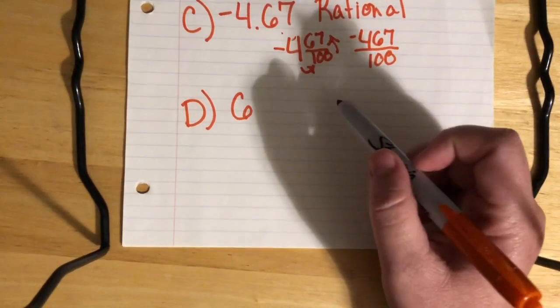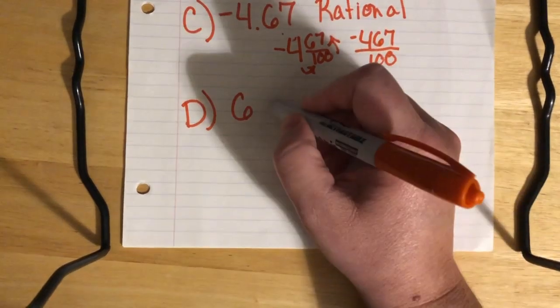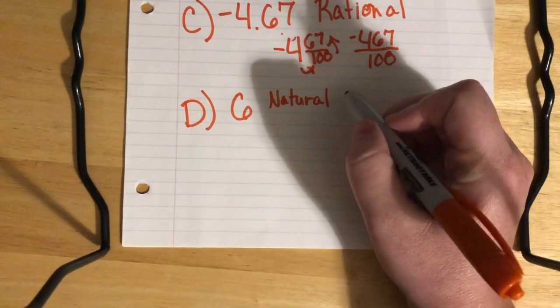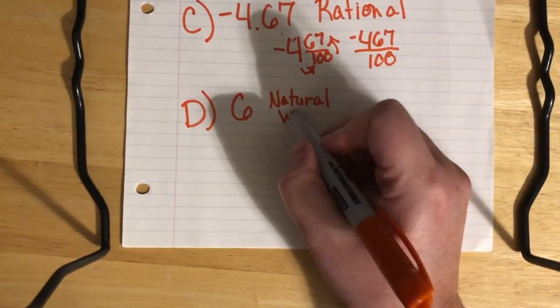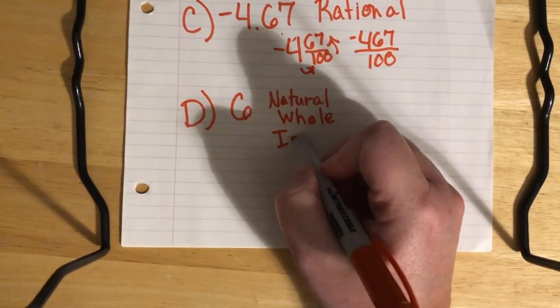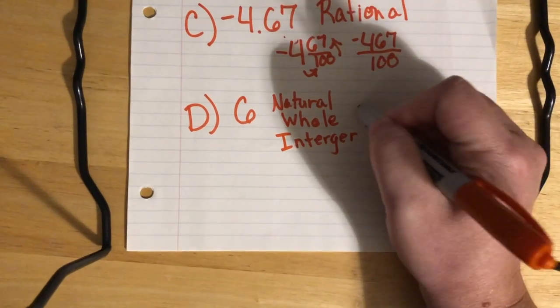And the last one, 6. 6 is a natural number. It's also a whole number. It's also an integer. And it is rational.